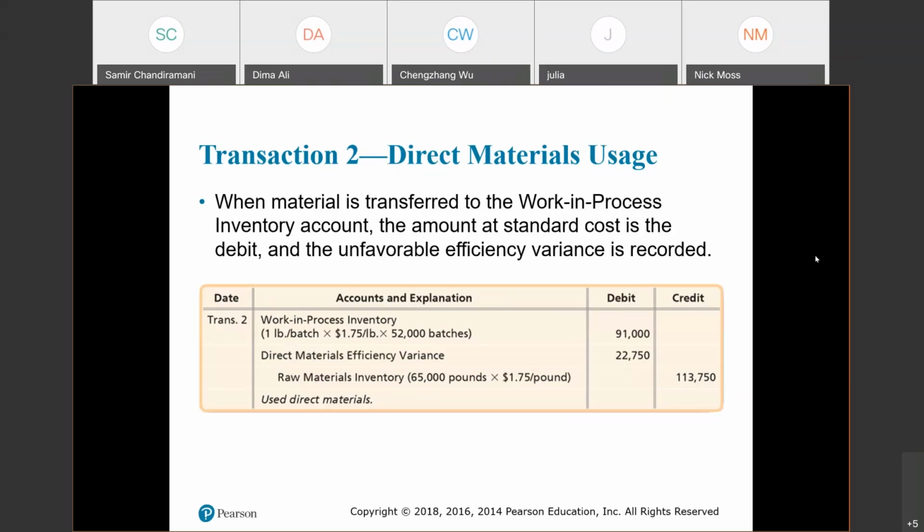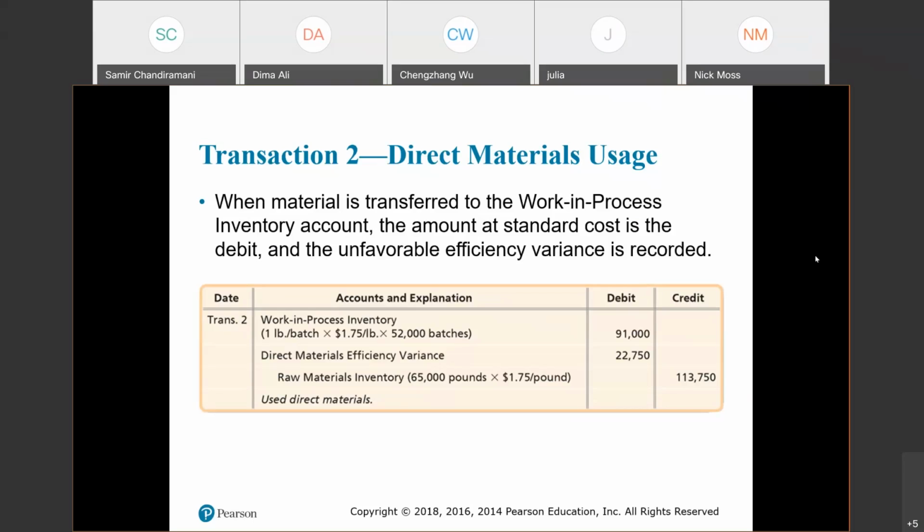So in this transaction, the company debits work in process inventory for the standard cost at the standard quantity of 52,000 pounds of direct material that should have been used to make 52,000 batches of crayons.